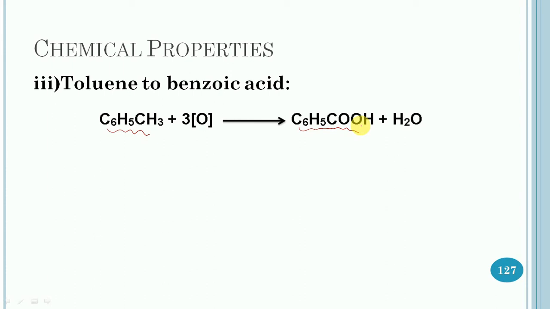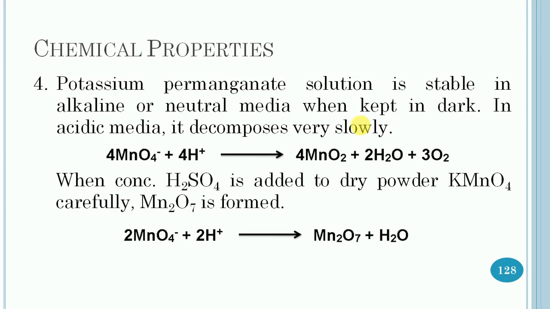So it is all about the various reactions in acidic, alkaline and neutral medium. Then the next point: potassium permanganate solution is stable in alkaline or neutral medium when kept in dark. In acidic media, it will decompose slowly into manganese dioxide.